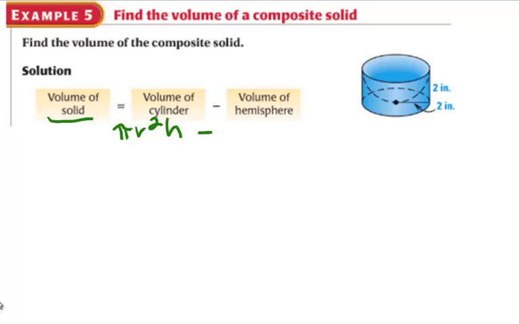And from that, I'm going to subtract the hemisphere, which is half of a sphere. So I've got 1/2 of the formula for the sphere, 4/3 pi r cubed. So these are the formulas that I need.